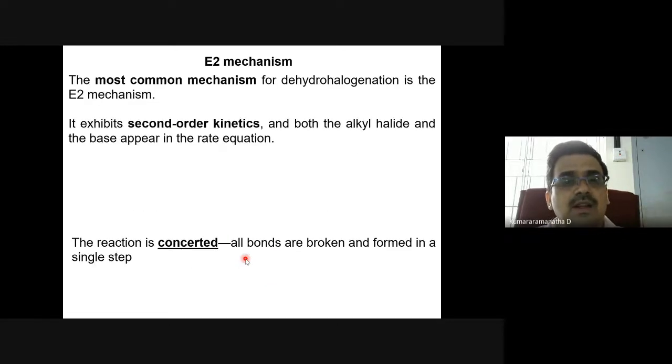Now, the most common mechanism if you want to explain hydrohalogen removal is the E2 mechanism. So all of you pay attention to this. This E2 mechanism, obviously the 2 is there, exhibits second order kinetics, where, as a recap, you have a substrate along with a molecule like a base.